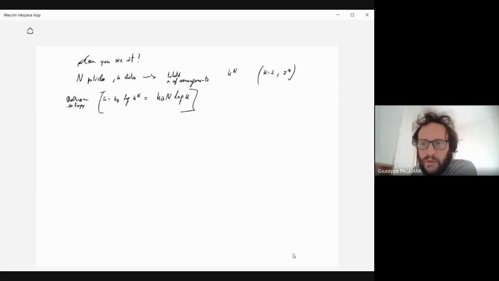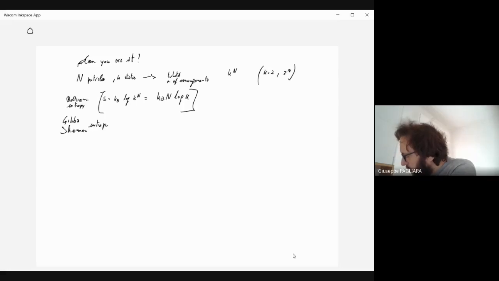Then we introduced another quantity, which is the Gibbs or Shannon entropy, which was basically the following. I had a certain configuration which is compatible with my constraints, in which I have n1 particles in state 1, n2 particles in state 2, and nk particles in state k, under the constraint that the sum from i = 1 to k of n_i is equal to n.